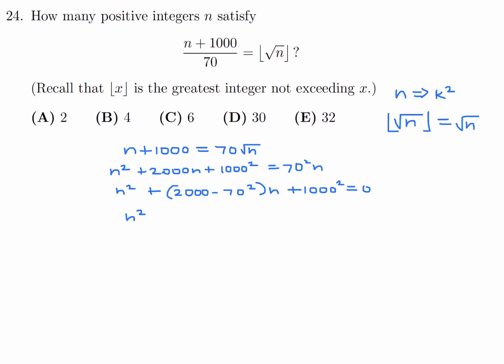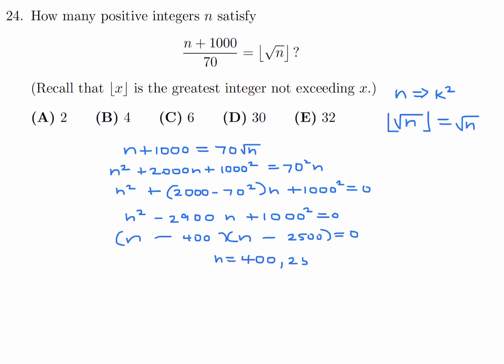So that becomes n squared minus 2,900 n plus 1,000 squared. This factors very nicely: n minus 400 and n minus 2,500. So immediately you get n equal to 400 and 2,500.